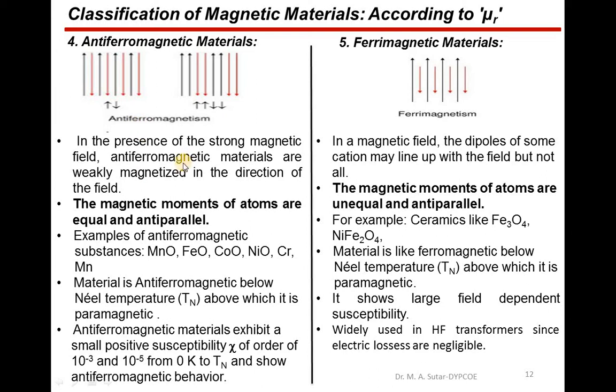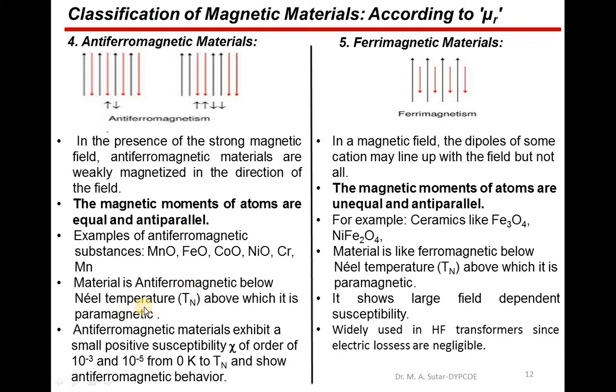In the presence of a strong magnetic field, these are weakly magnetized in the direction of the field. Magnetic moments are anti-parallel and equal. So these are the materials: manganese oxide, ferrous oxide, cobalt oxide, nickel oxide, chromium, manganese, etc. are showing this type of characteristic.